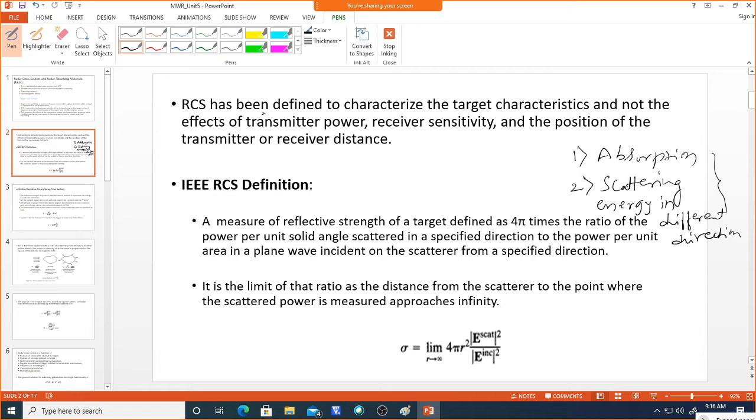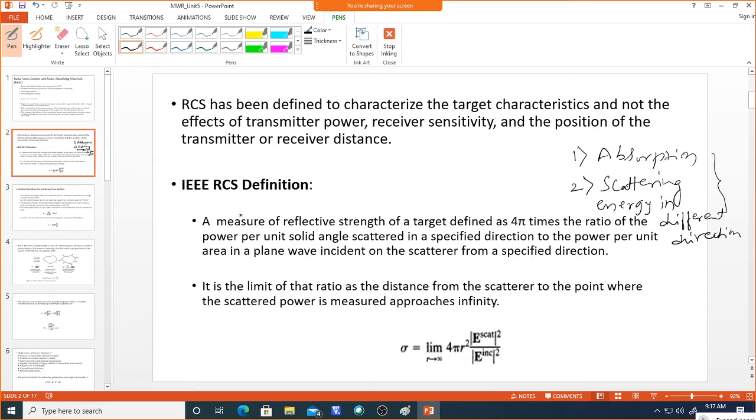Only the RCS tells the characteristic of the target, that is, the area intercepted by the target for the reflected wave. The RCS is measured in square meters, because it is the area intercepted by the target, measured in meter square.